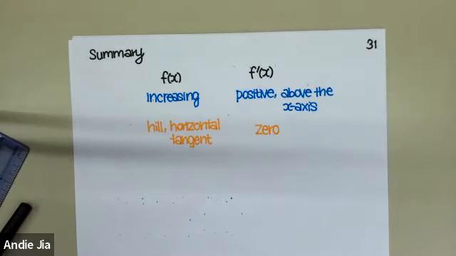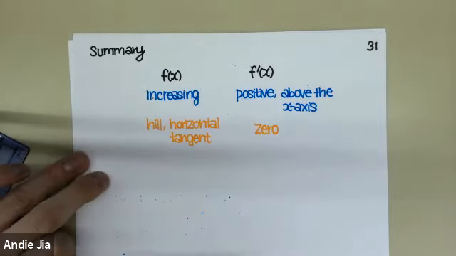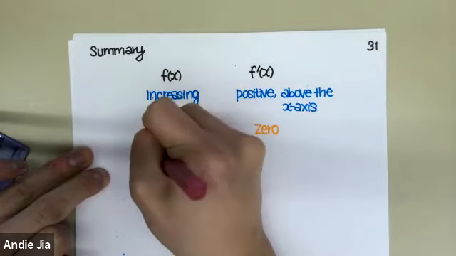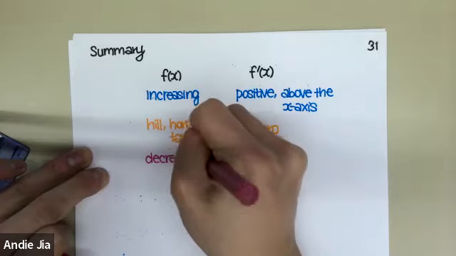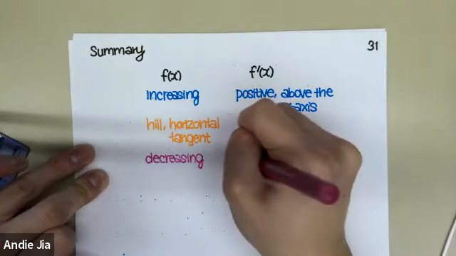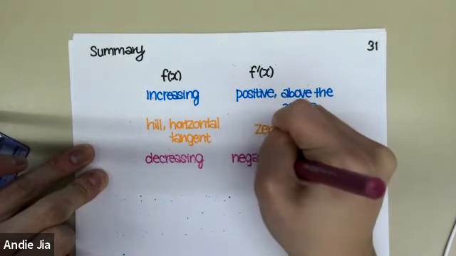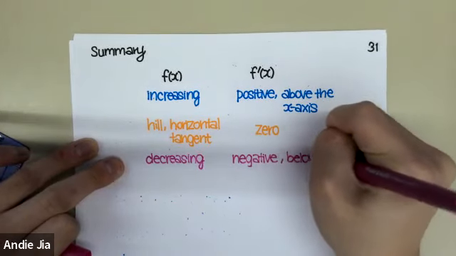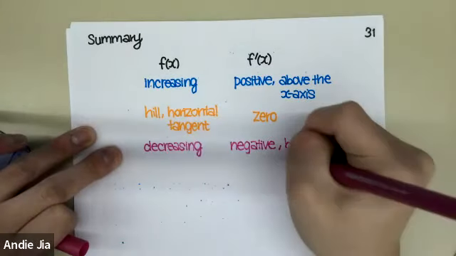If we take the cases where it is decreasing, then the derivative is negative, below the x-axis.